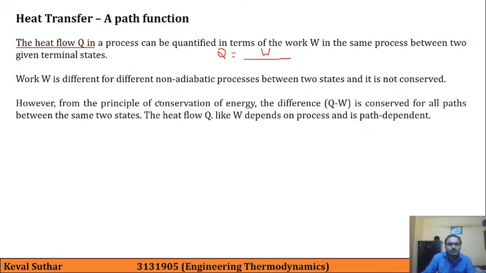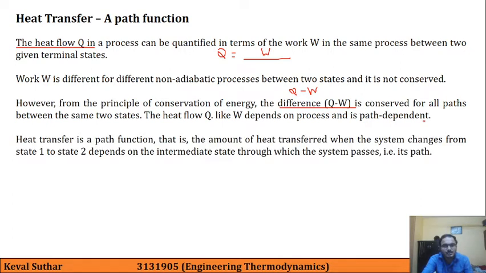However, from the conservation of energy, the difference Q minus W is always conserved for all paths between the same two states, and heat flow Q, like W, depends on the process and is path dependent.